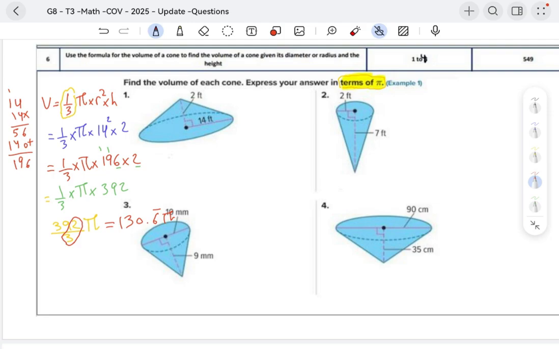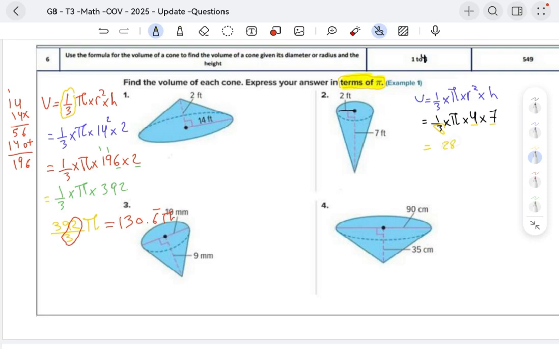Let's go for the second question. For question number 2, we're going to do the same. We're going to write the formula. The volume is 1/3 pi times the radius squared times the height. Let's substitute. It will be 1/3 pi. The radius is 2, so it will be 4, times the height, 7. We're going to multiply 4 by 7 and then divide by 3. 4 times 7 is 28, divided by 3.